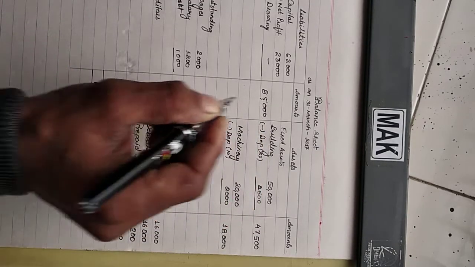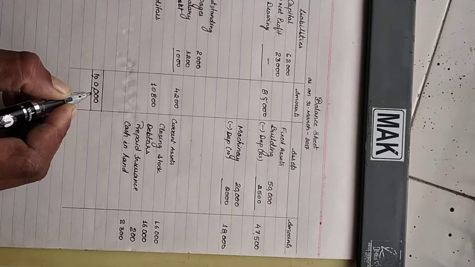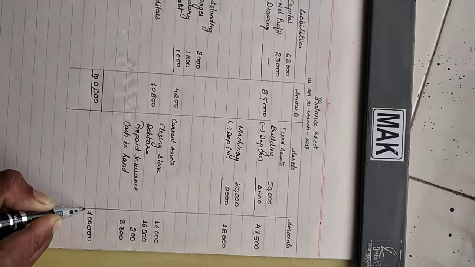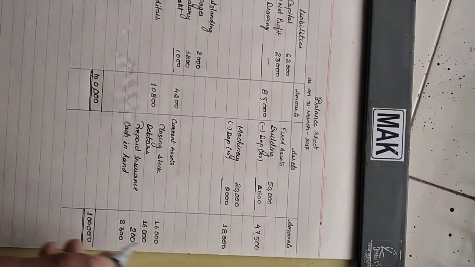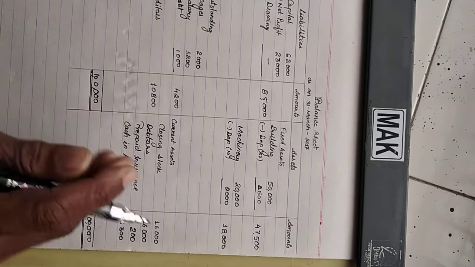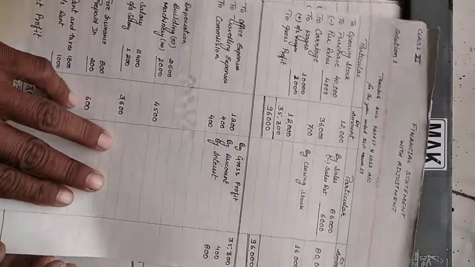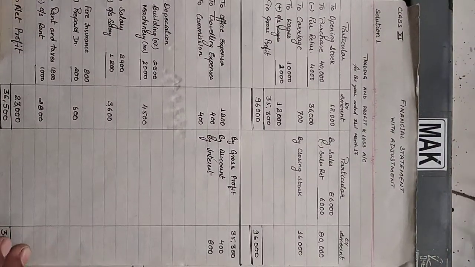So one more 0, then 8 plus 1, 9, 1, 0. This will be of your 1 lakh rupees. Now you will get here 1 lakh rupees here also. So this is our balance sheet. So now you can see balance sheet here and our trading profit and loss account here. I will send a pic of this after this video also.